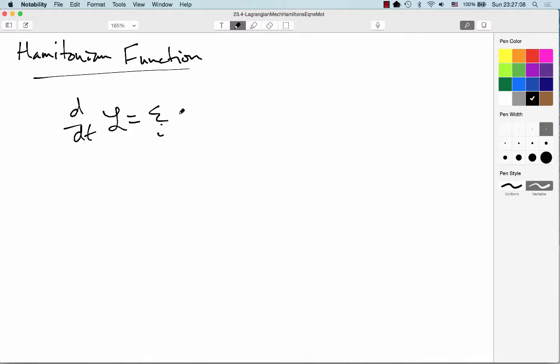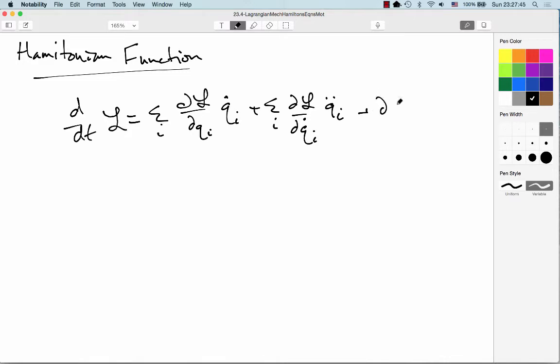So dL/dt will be equal to the sum over i of partial L partial qi times qi dot, plus the sum over i of partial L partial qi dot times qi double dot, plus partial L partial t.